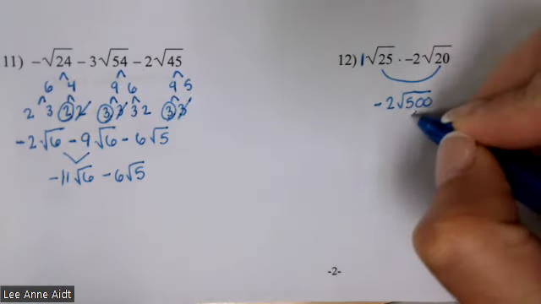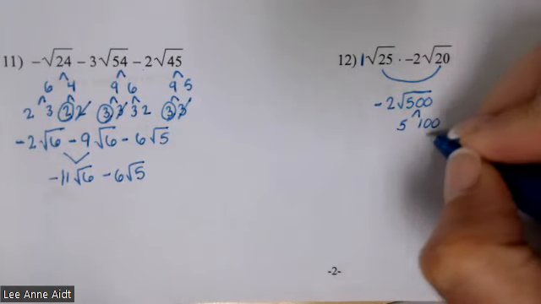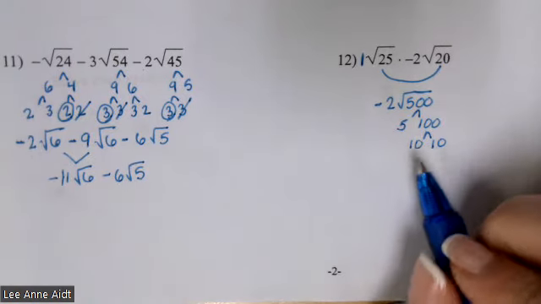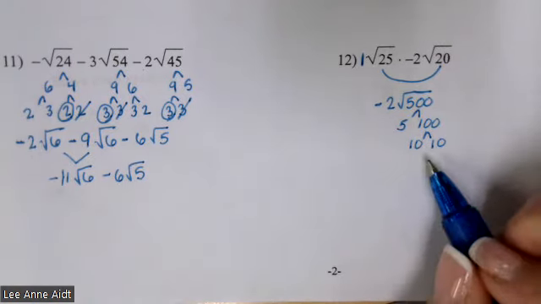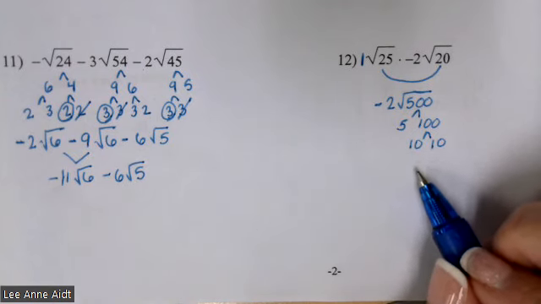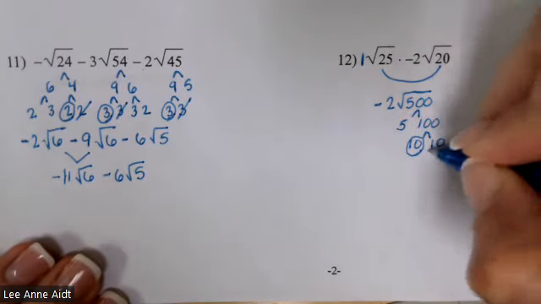Okay, 500 is 5 times 100. And 100 is 10 times 10. Okay, this is where I'm going to encourage you to get efficient. Don't break those into 5s and 2s. Why should I not break those into 5s and 2s? Yeah, it's already pairs, exactly.